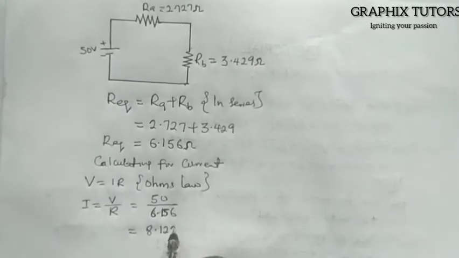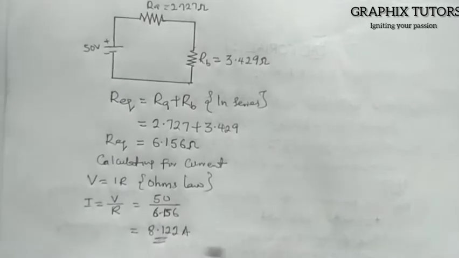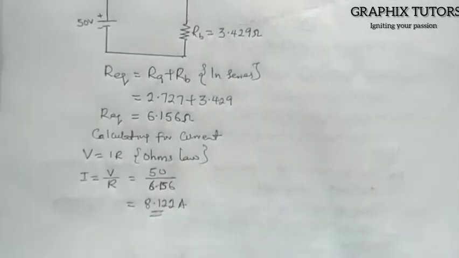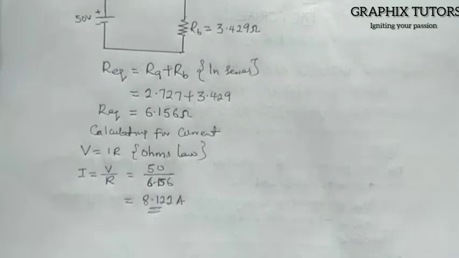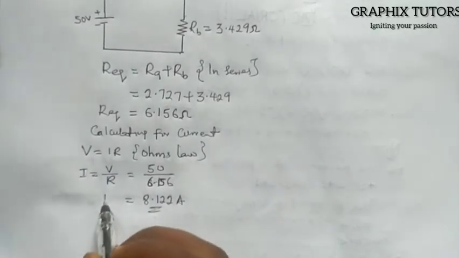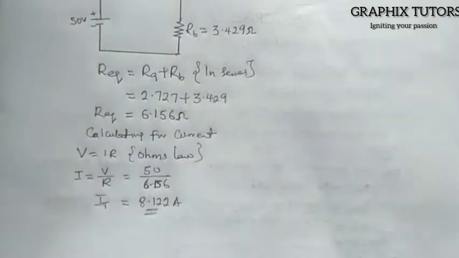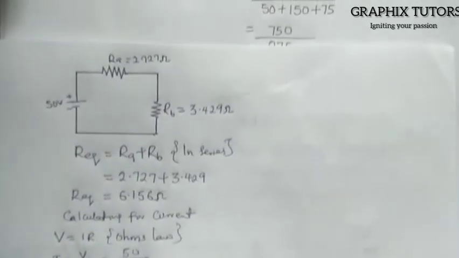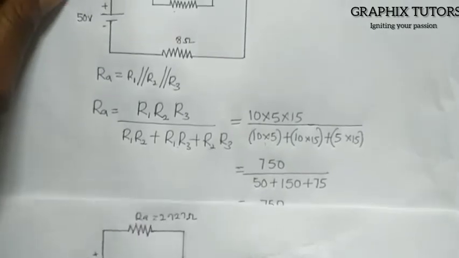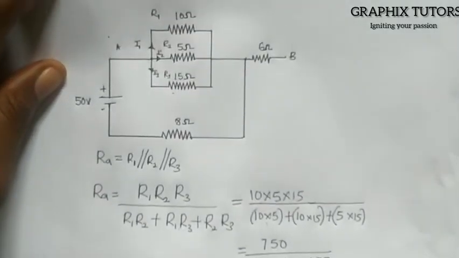8.122 amperes. That is the current flowing through the circuit, and that is our I total. So the I total is this particular part here. This is our I total here, right?